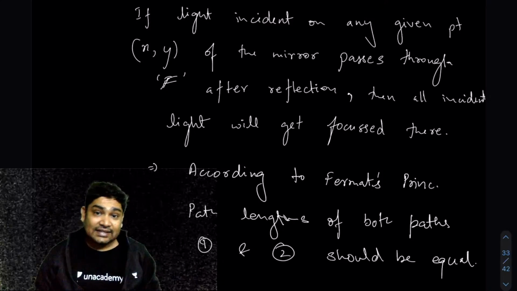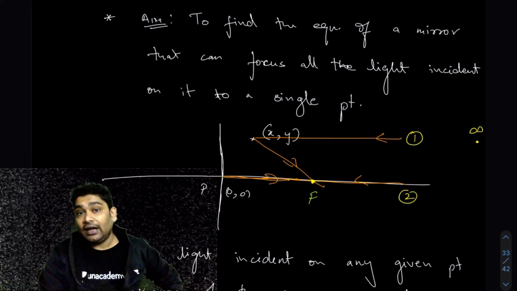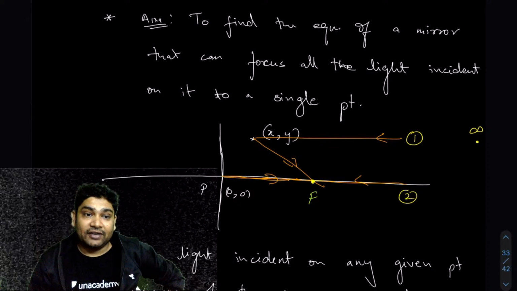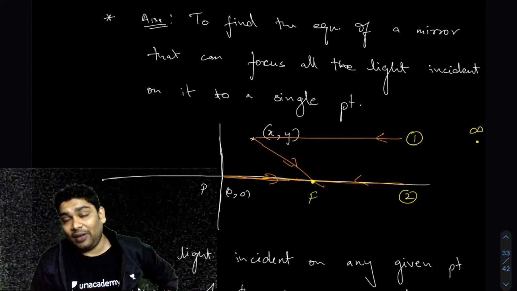See, if that is the case, then I can say that any light ray originating from infinity, if it has to go to F after getting reflected from this mirror, can either take path one or take path two. Both are the paths of least time.